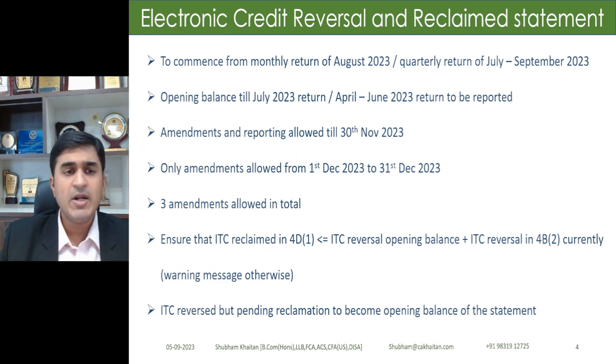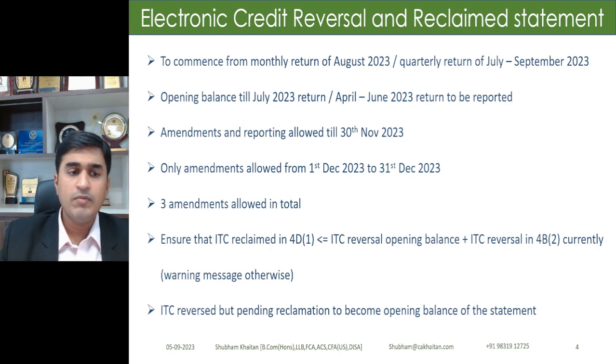So whatever reporting we need to make for the opening balance, we can only do up to 30th November 23. After 30th November 23, we cannot make any new reporting. We can only make amendments if we have made any mistake, but up to 31st December 23. After 31st December, we would not be able to make any amendments.